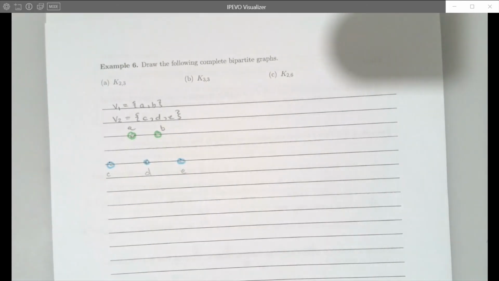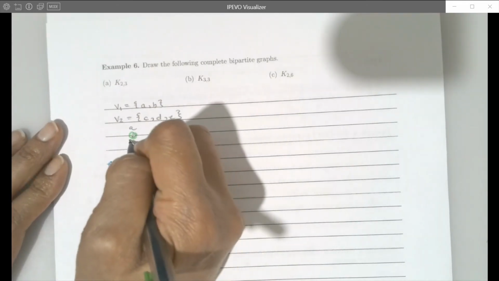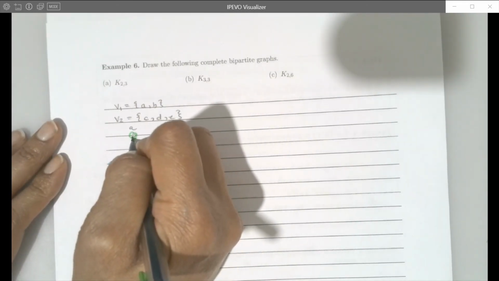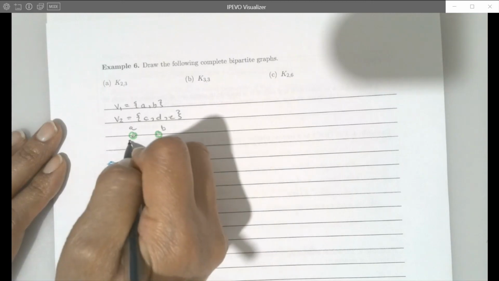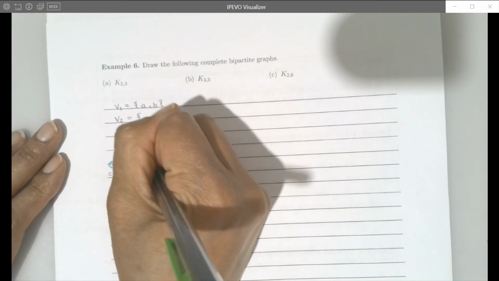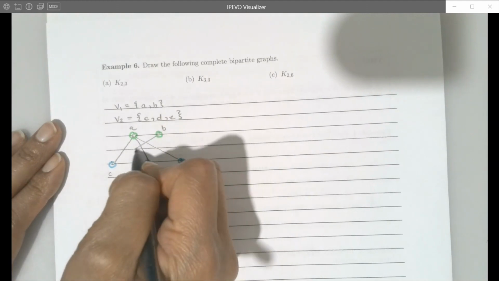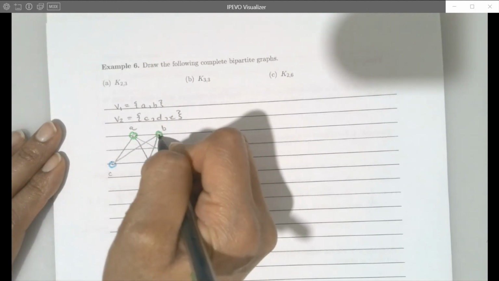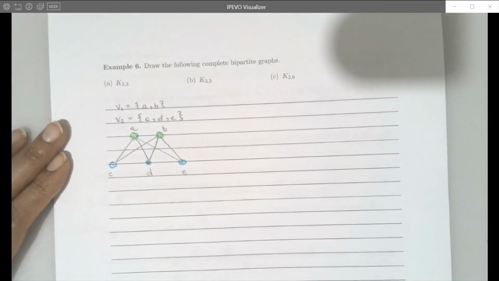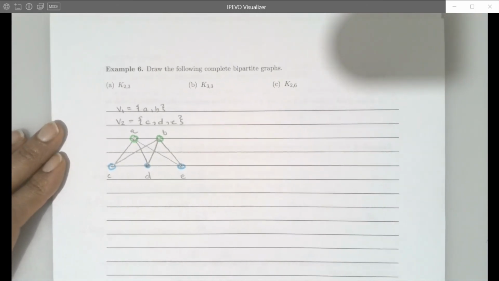And that means that green will only ever connect to blue. So all possible edges between A and blue nodes would be A with C, A with D, A with E. Then repeat the process for B. And that would be K2,3.